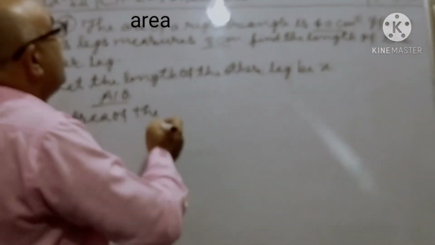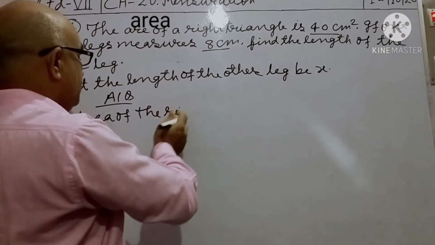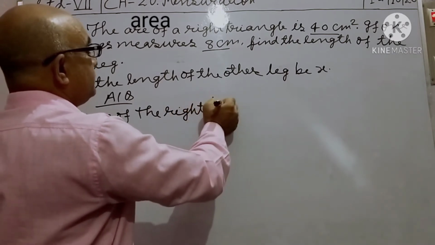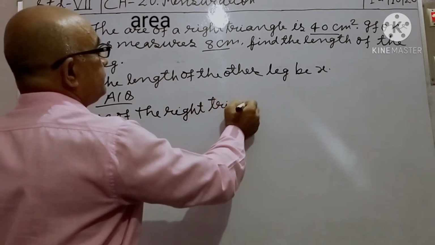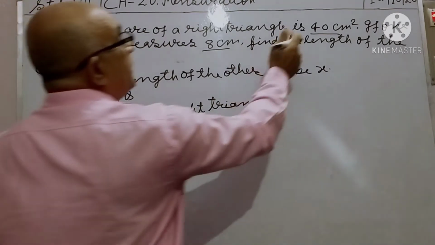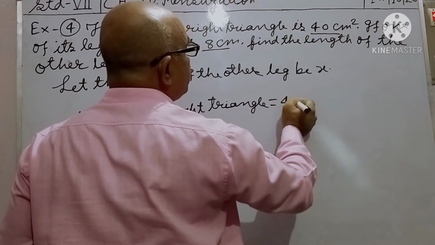According to question, area of the right triangle equal to 40 cm square.